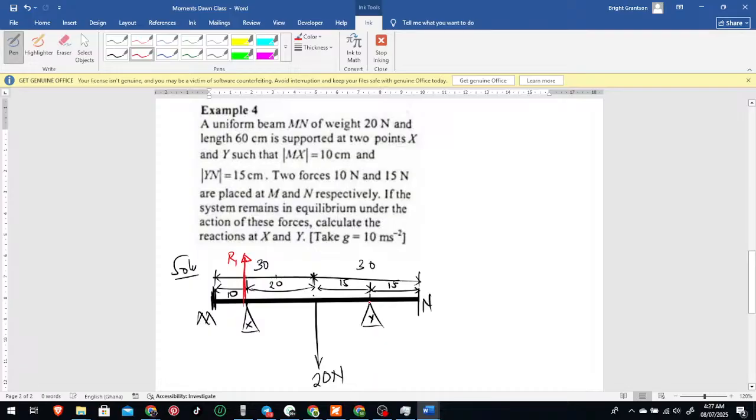So this is the first force. They are more like weights. And another one here. The one at M is 10 newtons, and the one at N is 15 newtons.